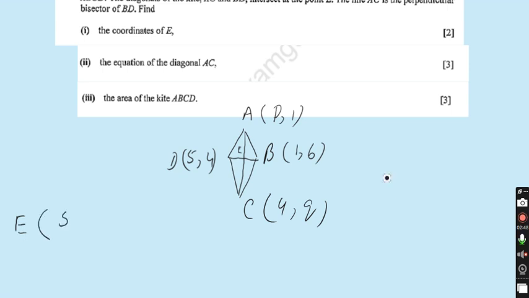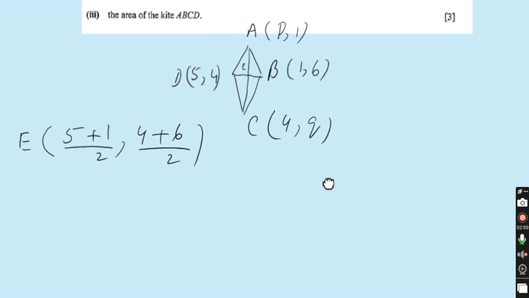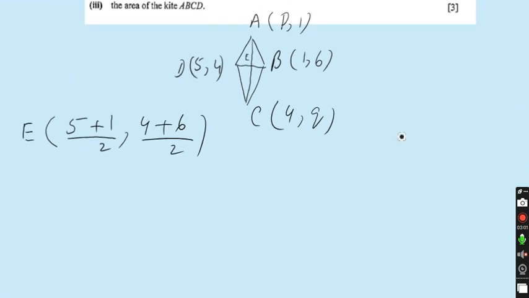So (5 plus 1) upon 2, comma, (4 plus 6) upon 2. So we use the property of a kite to find the coordinates of E. 5 plus 1 is 6, 6 upon 2 is 3, 4 plus 6 is 10, 10 upon 2 is 5.